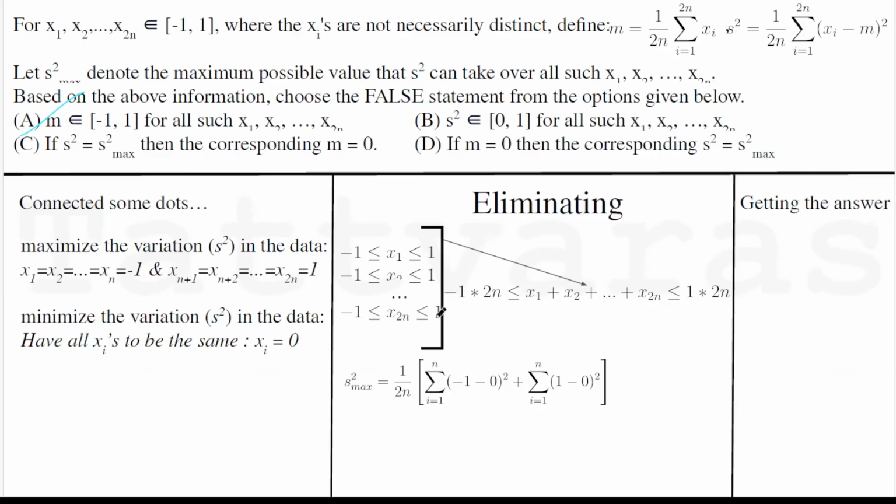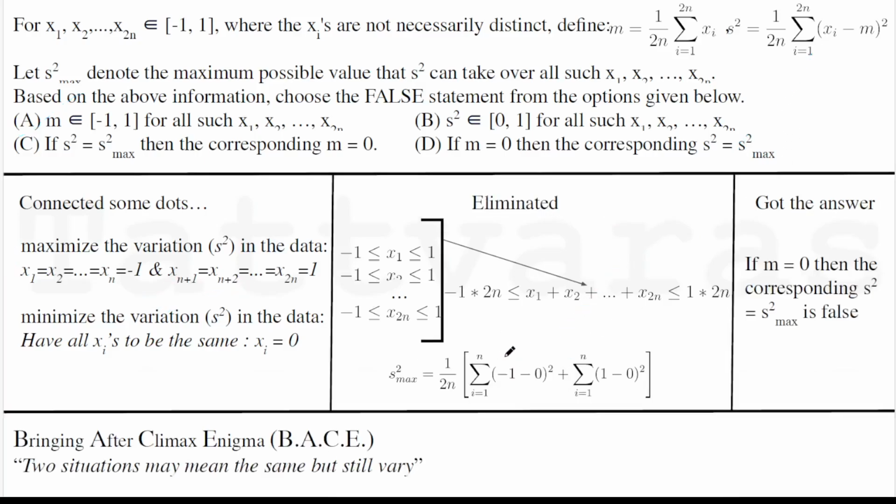Now, we already discussed the situation where S square is going to be maximized. So if we plug that in, half of the data is -1, half of the data is +1. If you take the mean, that becomes 0. And when you plug this formula in that context, you get S square to be 1 exactly.